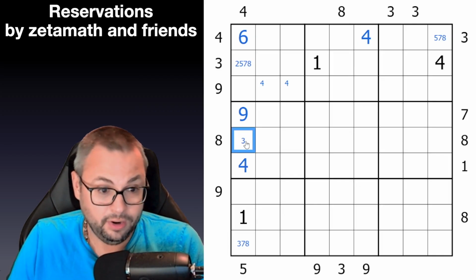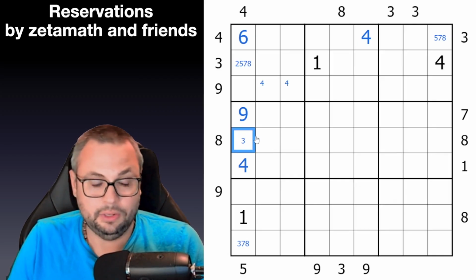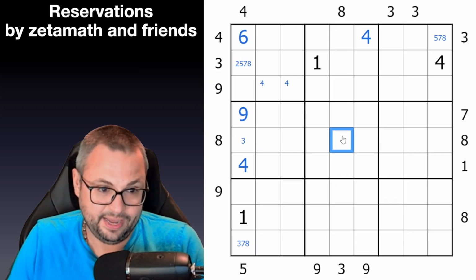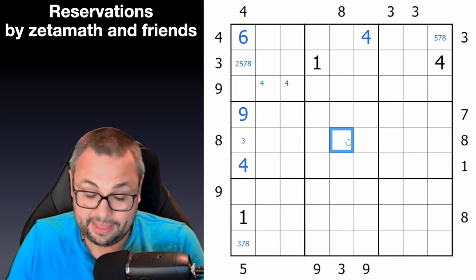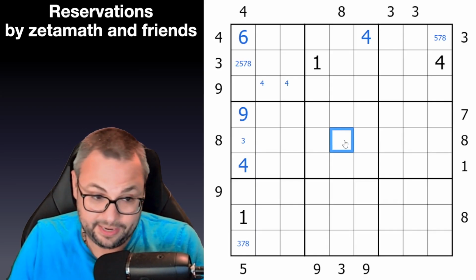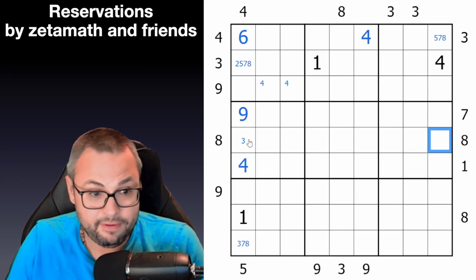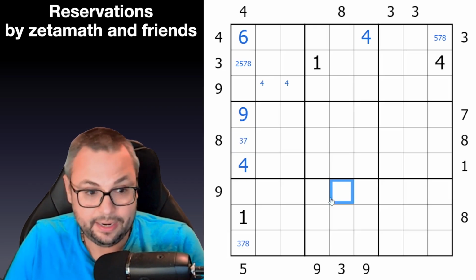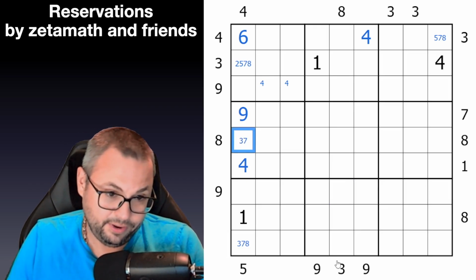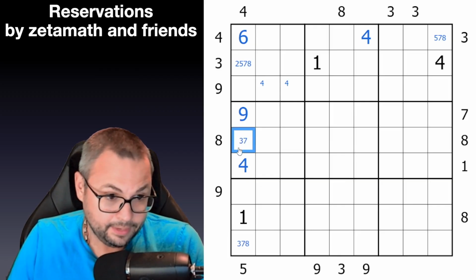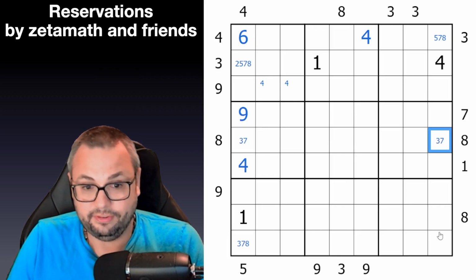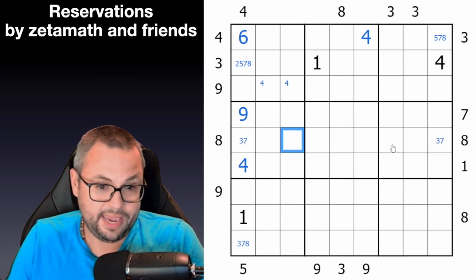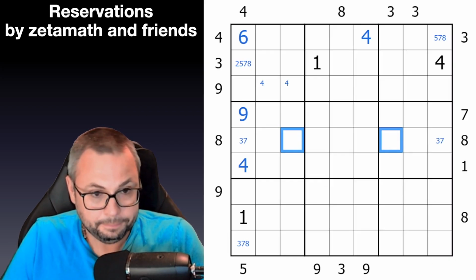It can't be 4. 5 has the problem I just outlined, that it would make this a problem, because I would end up placing an 8 here, and that would also be a 5. It can't be 6. It could be 7. It can't be 8 or 9. So in fact, this is a 3 or a 7. And likewise, this is a 3 or a 7, based on whether the 8 is there or there.